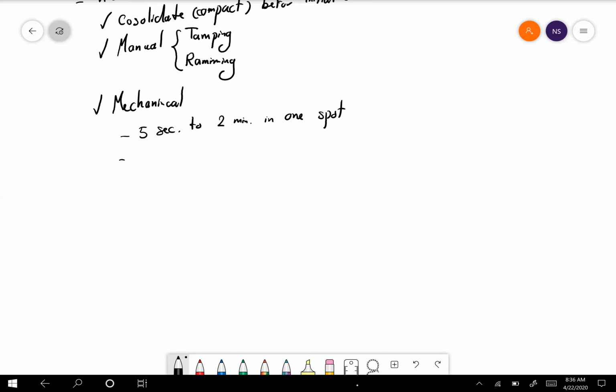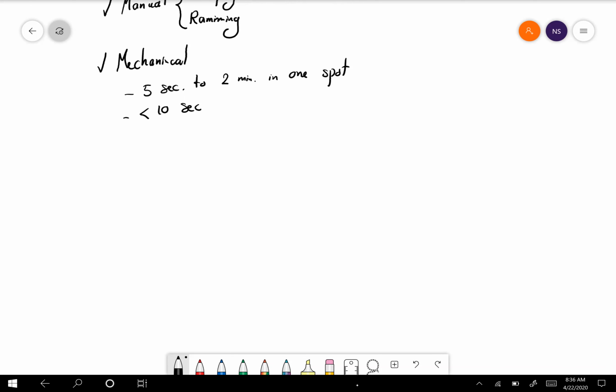And usually for each spot it's less than 10 seconds that you place the poker or the internal mechanical system into the slab or into the area that you place the concrete, and then you move to another area.